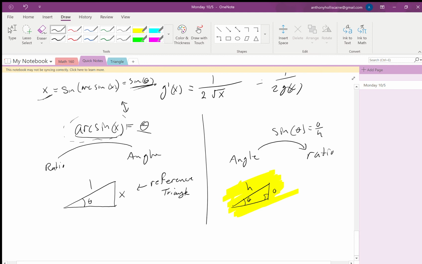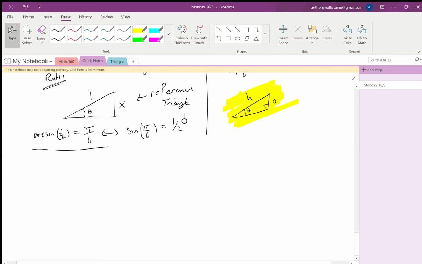So arc sine, you give it a ratio, like say arc sine of 1/2. And arc sine will say, oh, well, the angle in radians that'll give you 1/2 in sine is pi over 6. So this statement here is the same as the statement sine of pi over 6 equals 1/2, right? It's just a little more confusing for the same reason division is more confusing than multiplication.